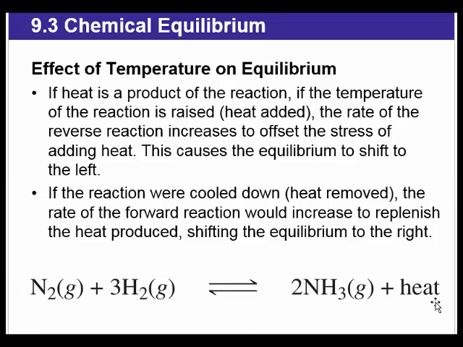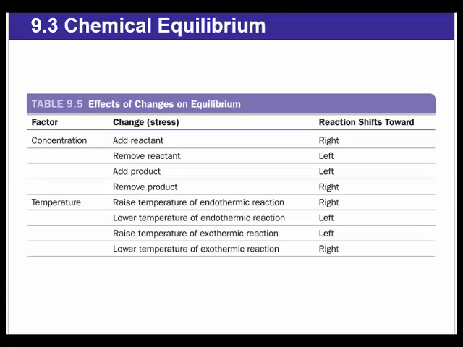So for an exothermic reaction, if I add heat, the reaction will shift to the left. So if the temperature increases for an exothermic reaction, the reaction will shift to the left. If I remove heat or decrease the temperature, the reaction will shift to the right. And the opposite shifts would occur for an endothermic reaction where heat is a reactant.